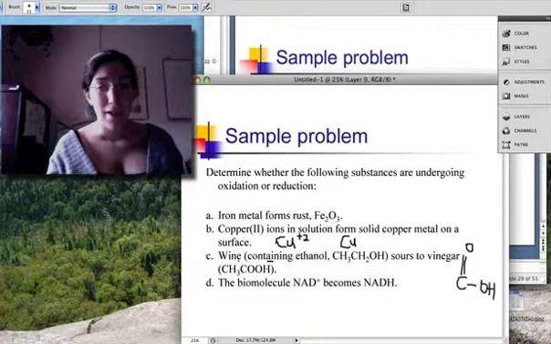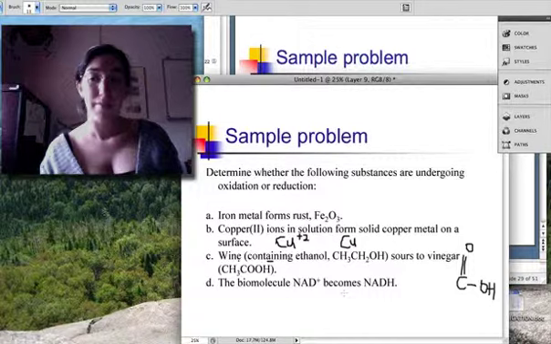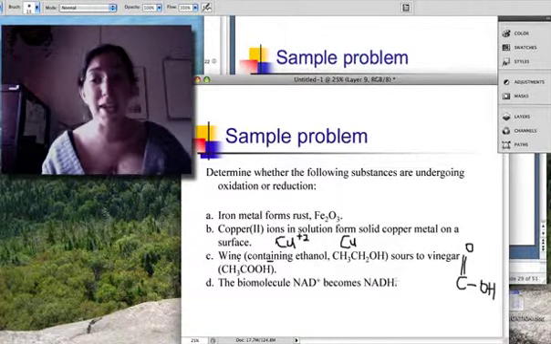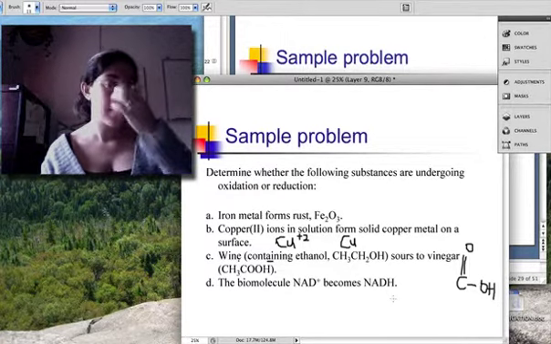Okay? And then the last one here, the biomolecule NAD plus becomes NADH. These are molecules that are used in metabolism. Oxidation is loss and reduction is gain of electrons.